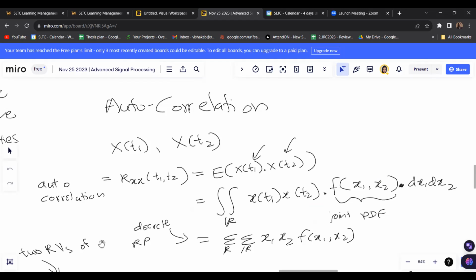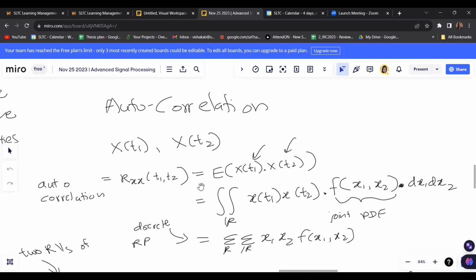Correlation means finding the similarity between two points in the same random process, right? So autocorrelation is the function that finds the similarity between two time instances of a certain random process.